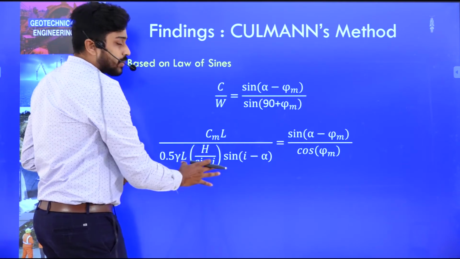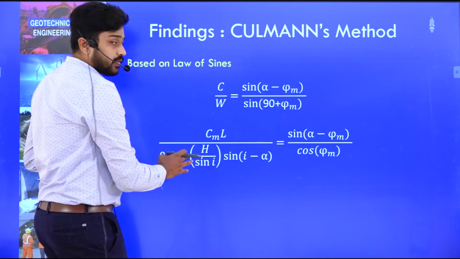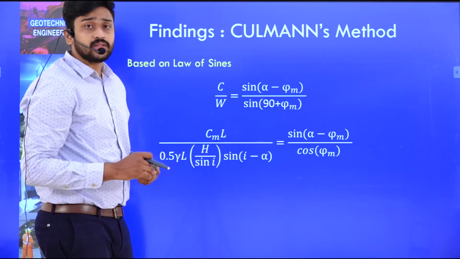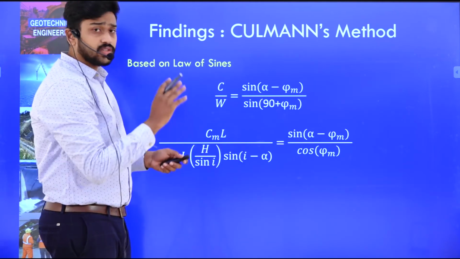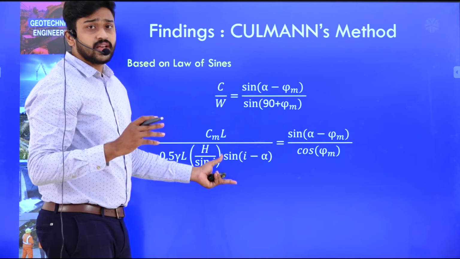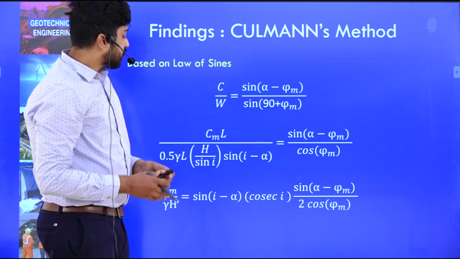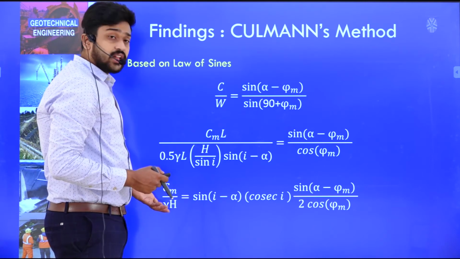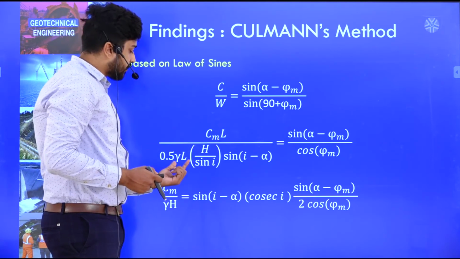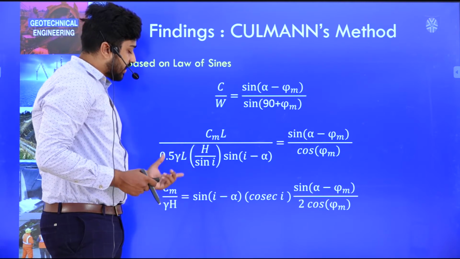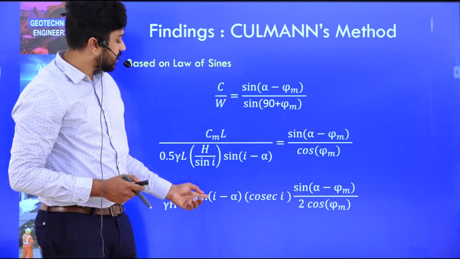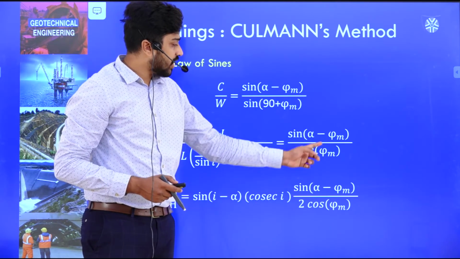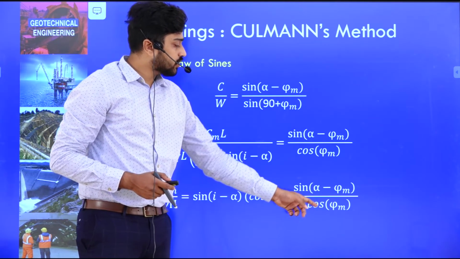So volume can be simplified and stated as 0.5, that means half into L into H by sin I into sine of I minus alpha. Based on the wedge, if you try to solve this, you will get this area here. If you simplify this and gather the terms, we write Cm by gamma into H, since L will get cancelled, equals sine of I minus alpha into cosecant I into sine of alpha minus phi m by 2 into cos of phi m.